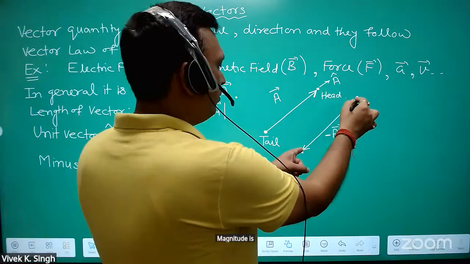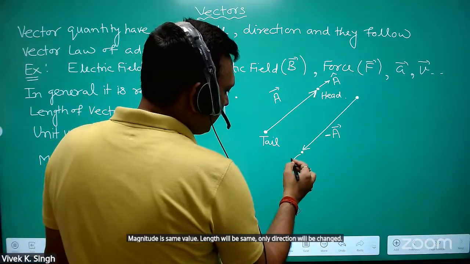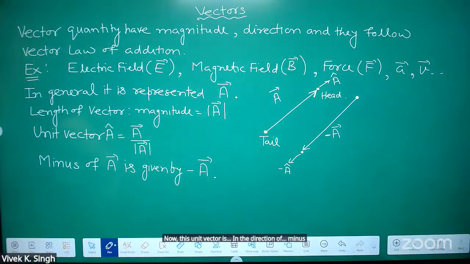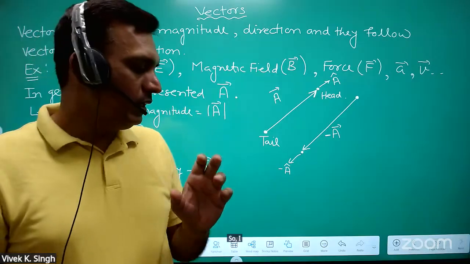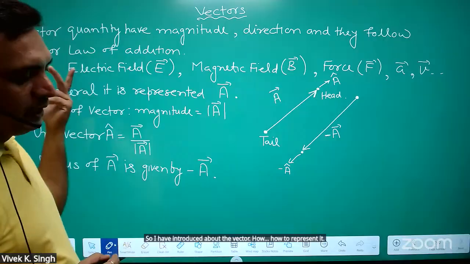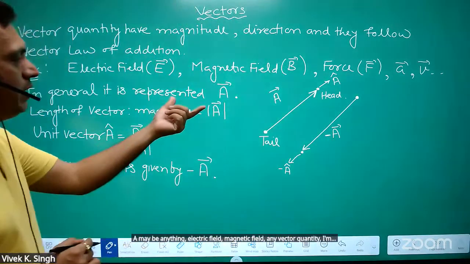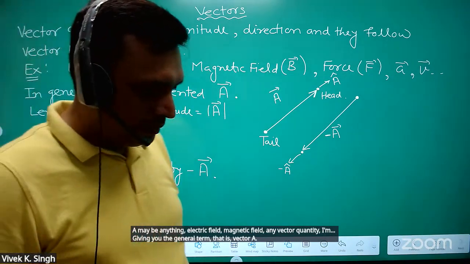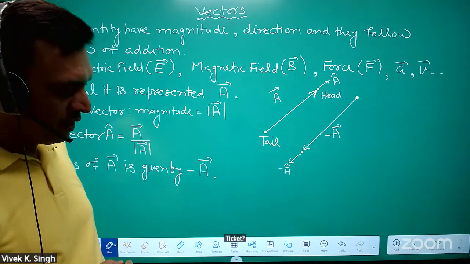The magnitude has the same value and the length will be the same, only the direction is changed. Now this unit vector is in the direction of minus A cap. Is it clear? So I have introduced the vector and how to represent it. A may be anything, electric field, magnetic field, any vector quantity. I am giving you the general term, that is vector A. Okay? So please note it down.